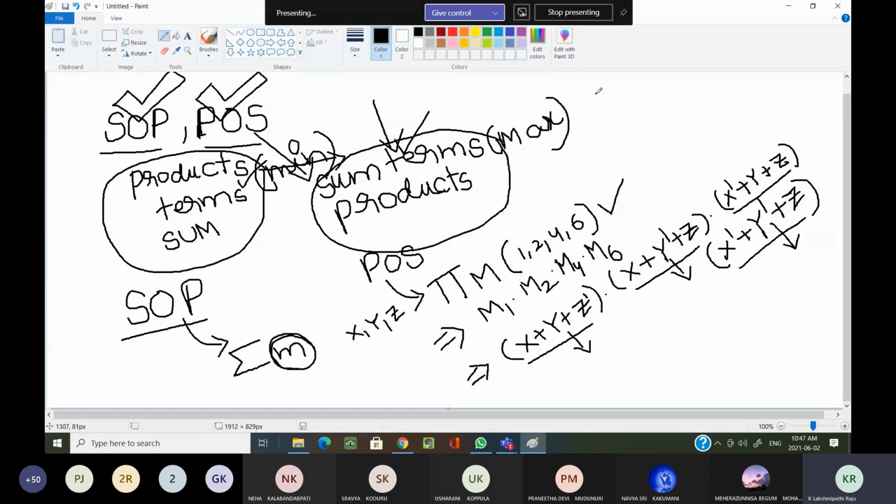Now I am writing an example which is not in a complete form. f of xyz is my Boolean function. Now I am writing an incomplete form: (x plus y dash) into (y dash plus z dash) into (x dash plus z dash).